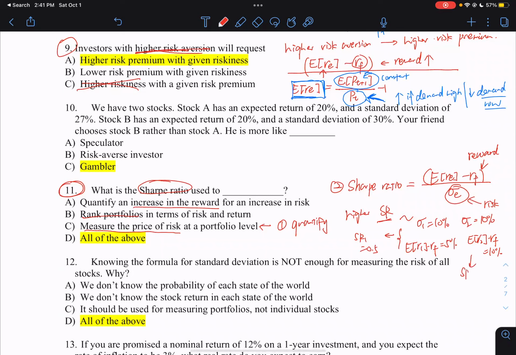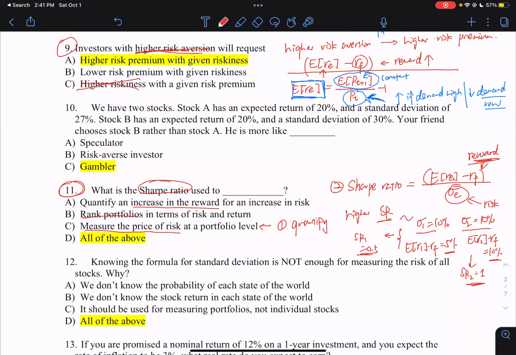Sharpe ratio 2 will be 1. So again, because you quantify the reward and risk trade-off, you can see Sharpe ratio 2 is higher than Sharpe ratio 1, meaning portfolio 2 has higher reward for the same risk level. Here, especially, portfolio 1 and portfolio 2 have the same risk level because they both have a standard deviation of 10%. But the expected return on portfolio 2 is 10%, which is higher than the return on portfolio 1.